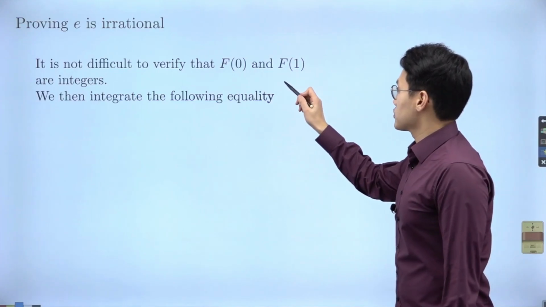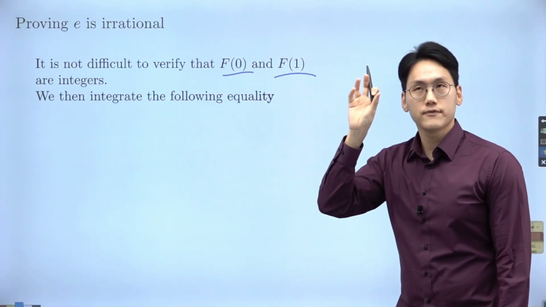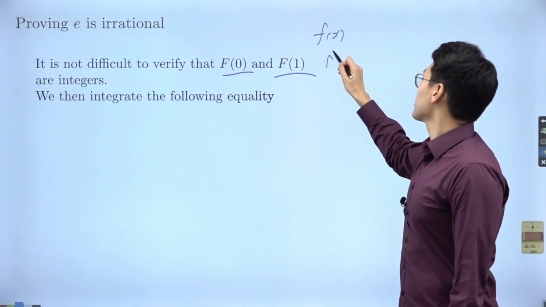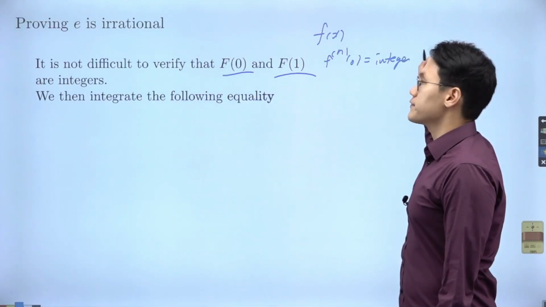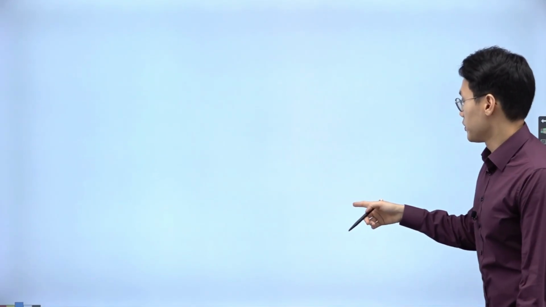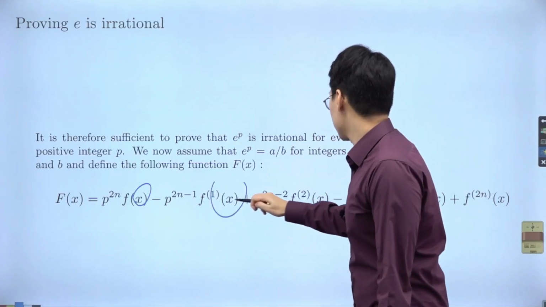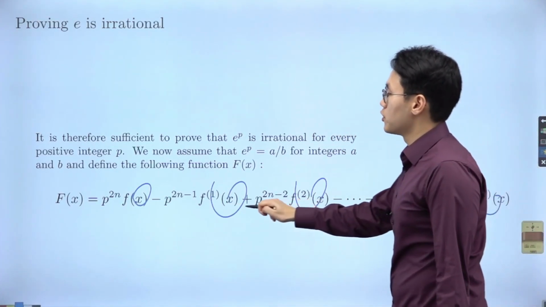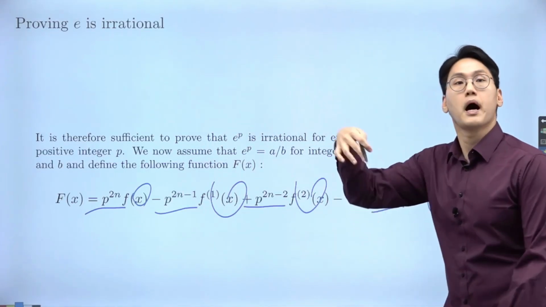So it's not difficult to show that it's an integer, because we saw that all the derivatives at 0 of the lowercase function f(x) were integers, right? And previously, when we saw the capital letter function, it was a product of integers. You see, this is going to be an integer, this is going to be an integer if you put x equal to 0, and I'm multiplying with integers also, because p is just a positive integer, so the power is going to be an integer.